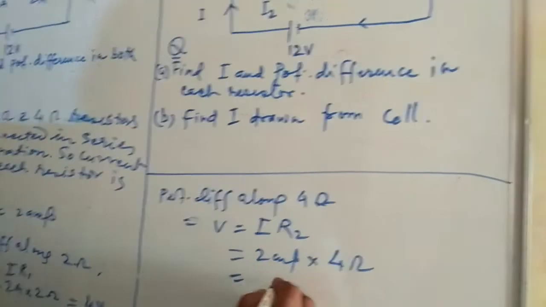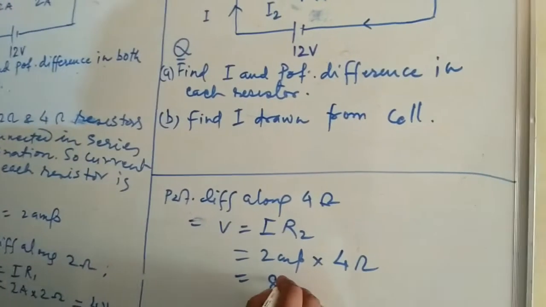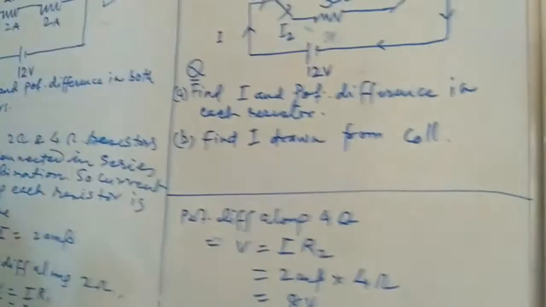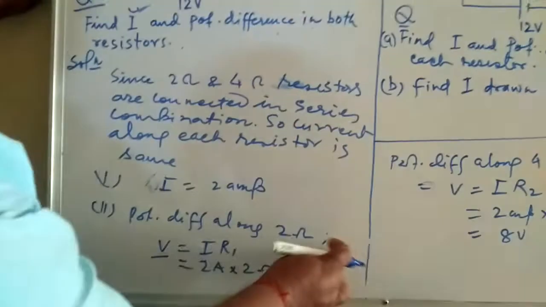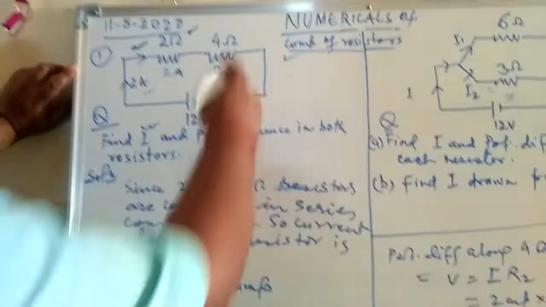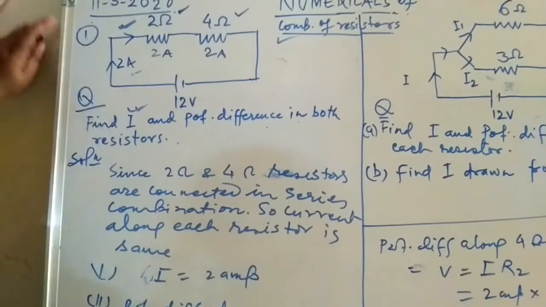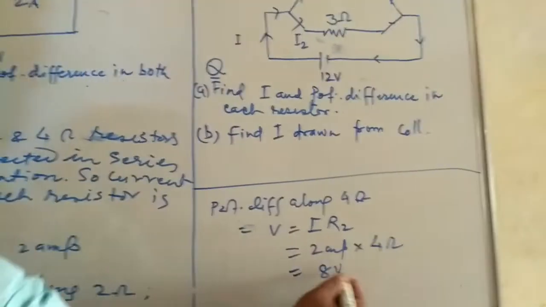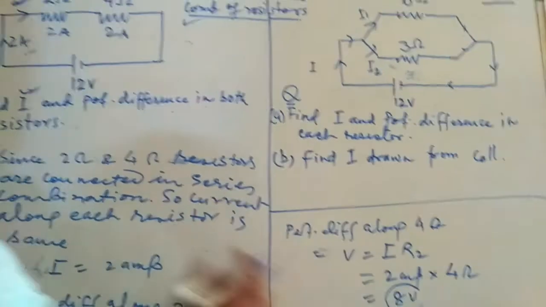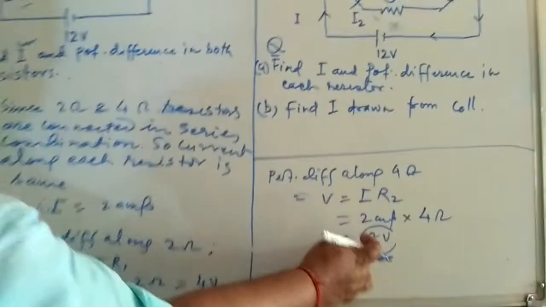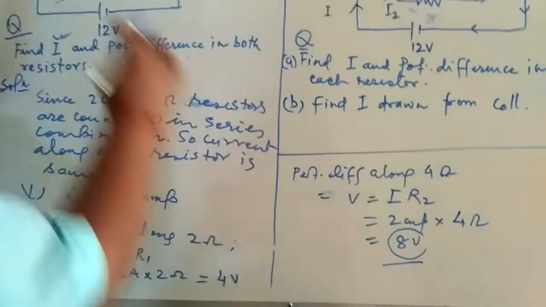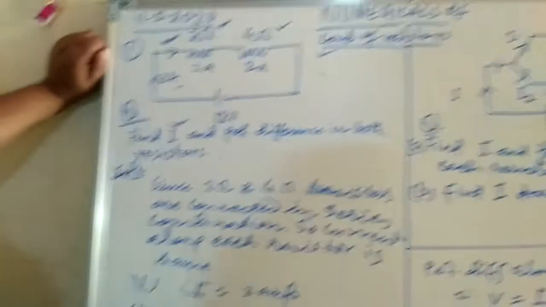You multiply, and you get 8 volt. So along the first resistor the potential is 4 volt, and along the second resistor, the 4 ohm, you get 8 volt, and the total voltage is 12. 4 plus 8 becomes 12. So finally it is correct.